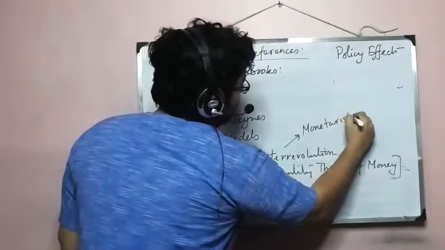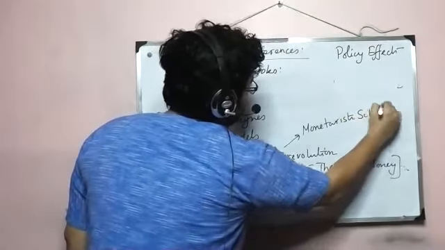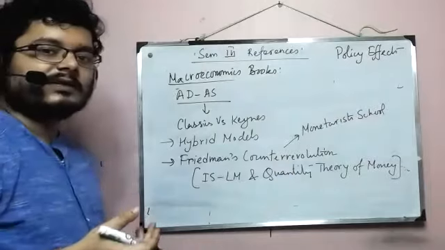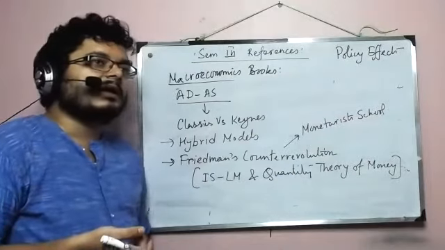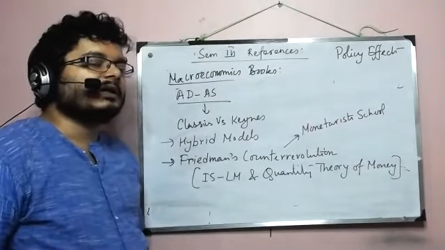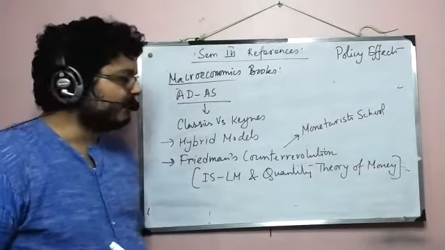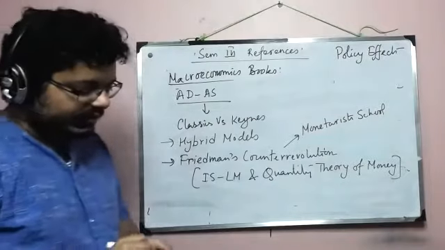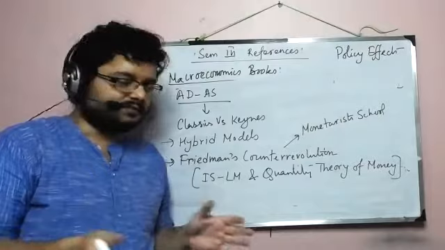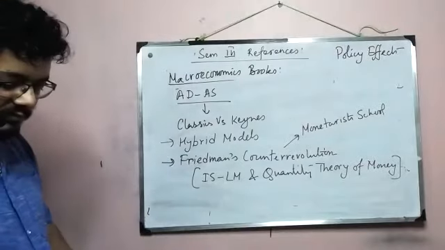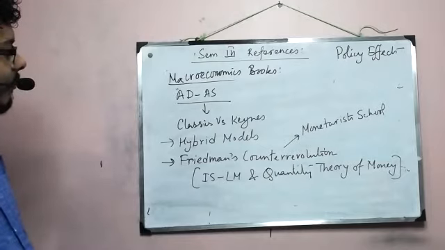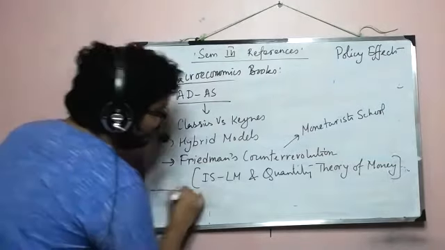Okay, as apparent from its name, it's a school of thought which says that money supply is the primary determinant of what is going to happen in the economy regarding the important macro variables. So money supply is kind of the mother of all the consequences that you observe. Okay. Now, so this is one part.